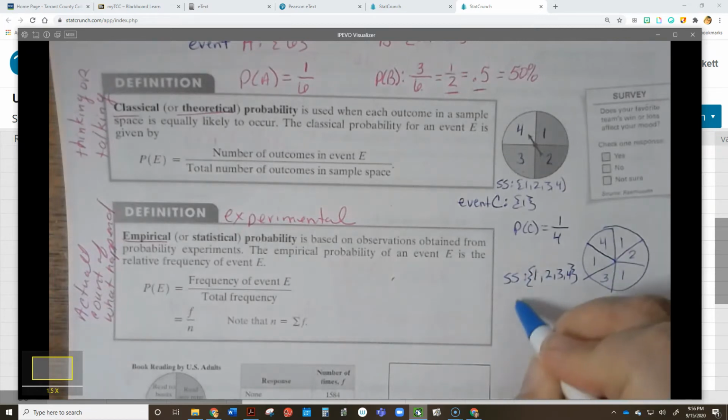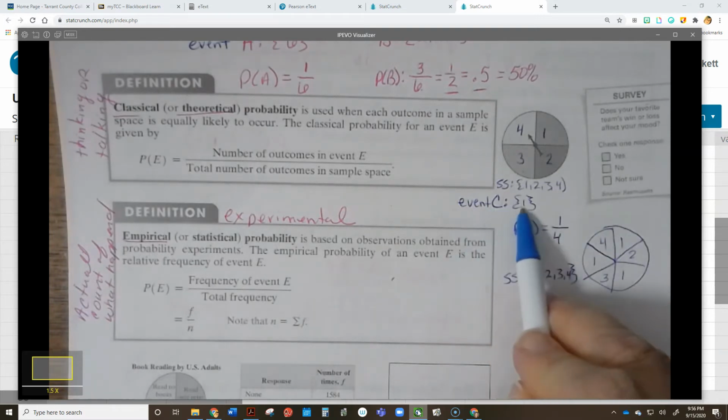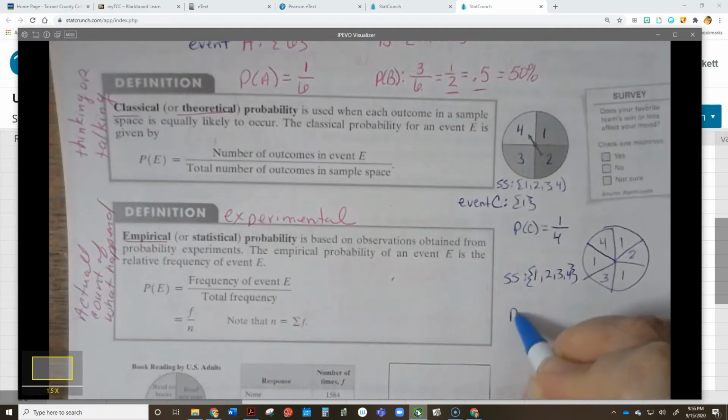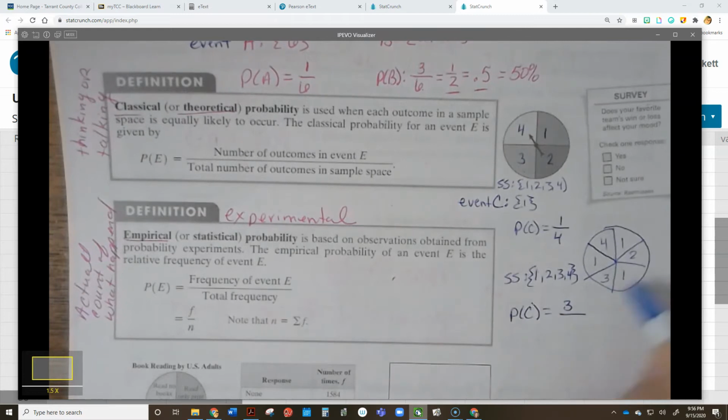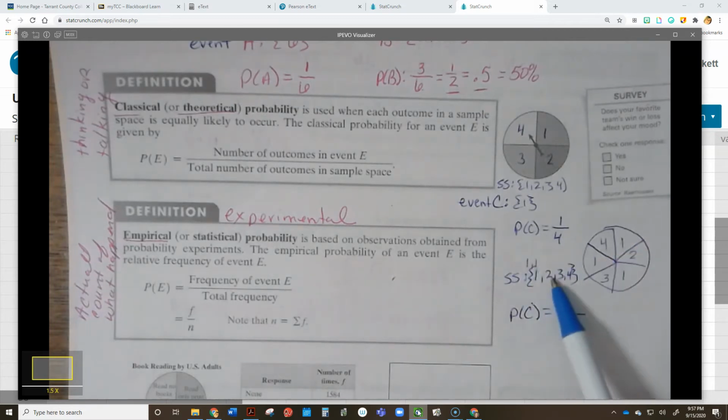Okay, and if I'm looking for event C, where C is still landing on 1, then the probability of C here would be I have 3 ones out of 1, 2, 3, 4, 5, 6. Oh, I think I do put 6 on the bottom. So maybe I do list the ones again. My sample space would be 1, 1, 1, 2, 3, 4.